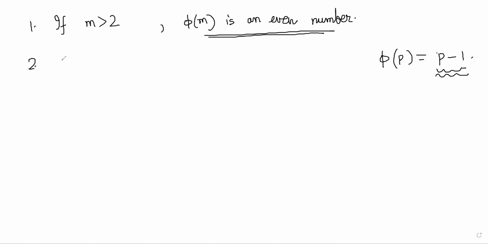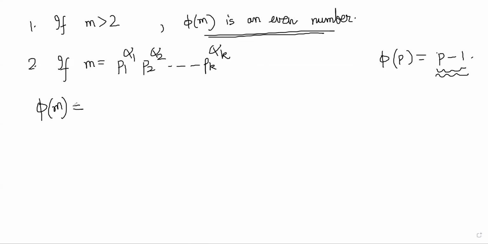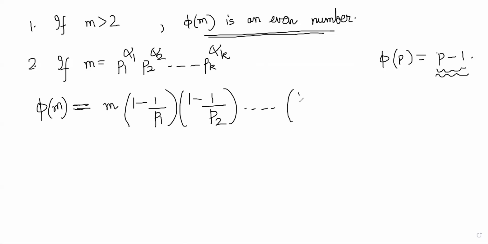So for example, if m can be factorized like this, p1 power alpha 1, p2 power alpha 2, till pk power alpha k, then phi of m, the number of integers co-prime with m less than it, will be equal to m times 1 minus 1 by p1 multiplied by 1 minus 1 by p2 and so on till 1 minus 1 by pk.